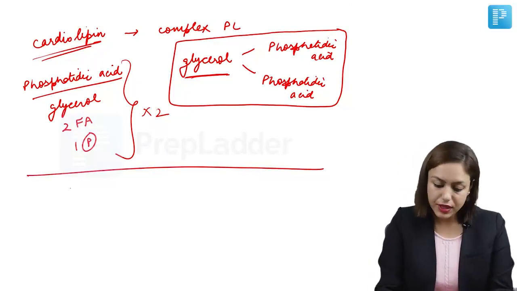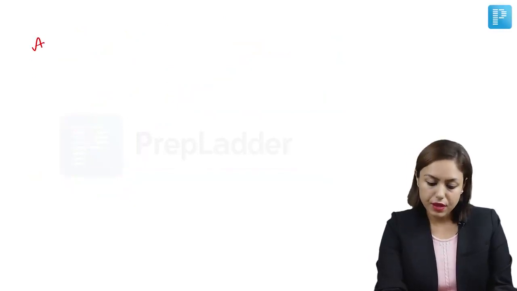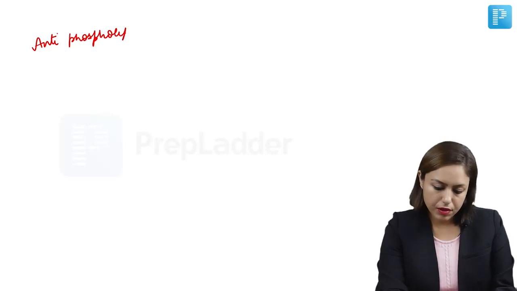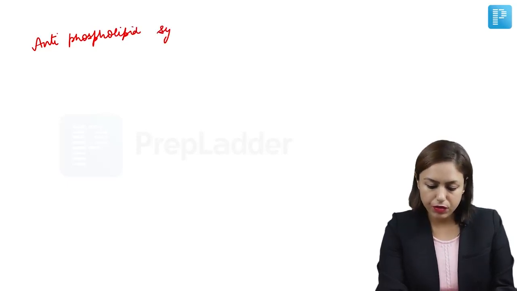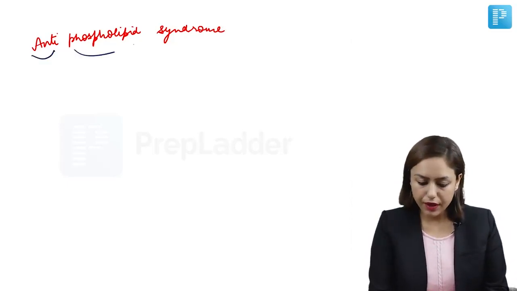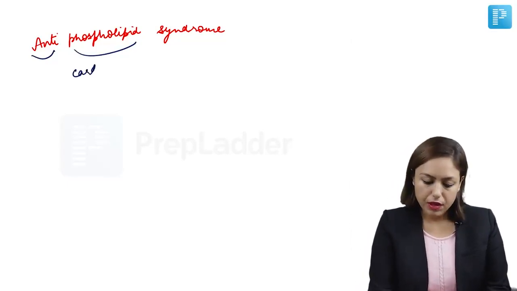Due to its complexity, it can sometimes be antigenic in the body. It can act as an antigen in the body. For example, there is a disease, antiphospholipid syndrome. In antiphospholipid syndrome, there are anti-cardiolipin antibodies. Which phospholipid? Cardiolipin.